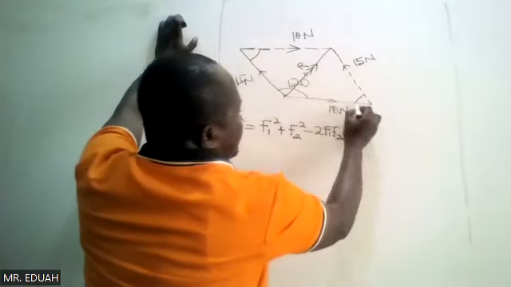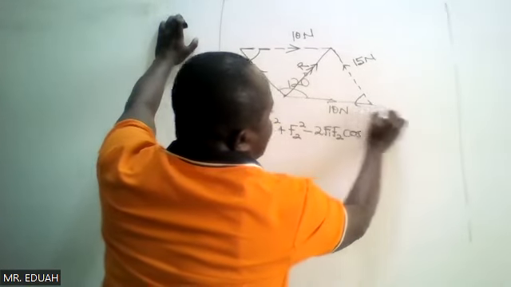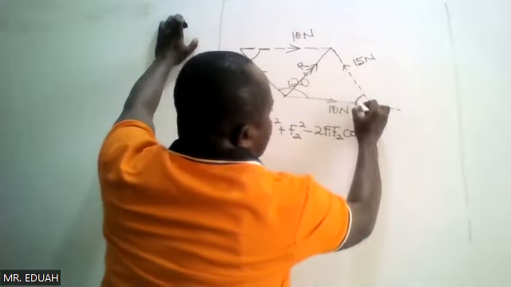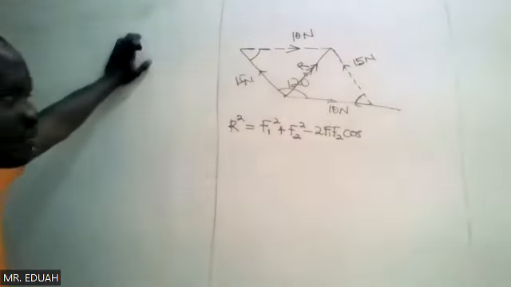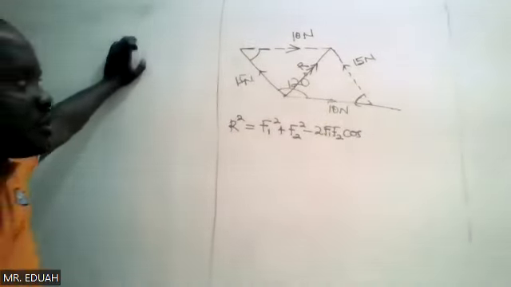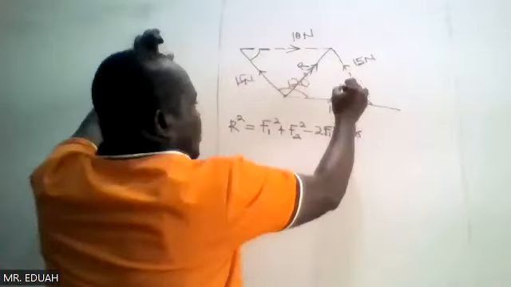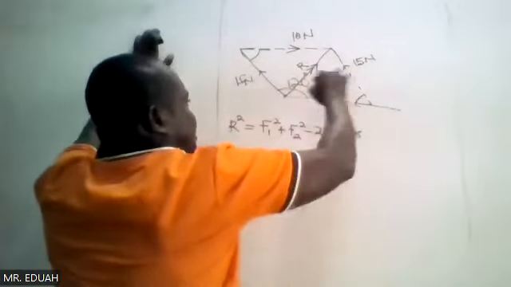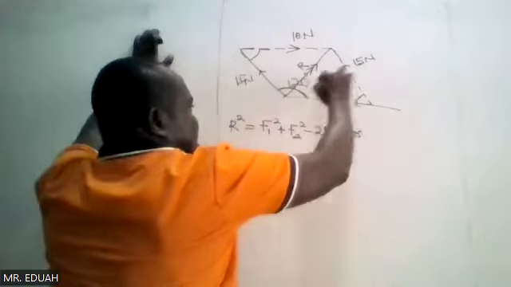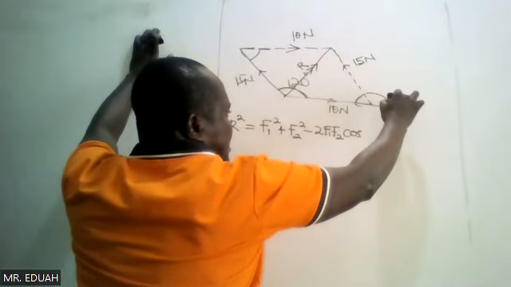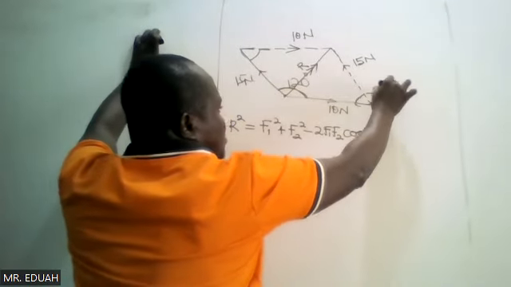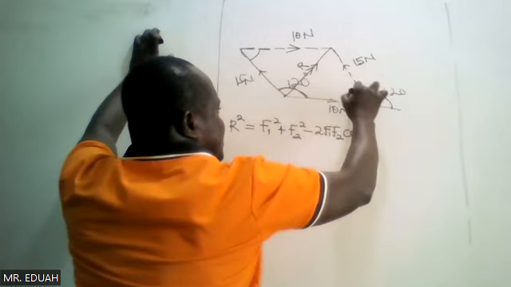Now, what is this angle? It is 180 minus the angle. Once this and this are parallel, the angle here is equal to the angle here. So this is also 120. Therefore, this is 60.